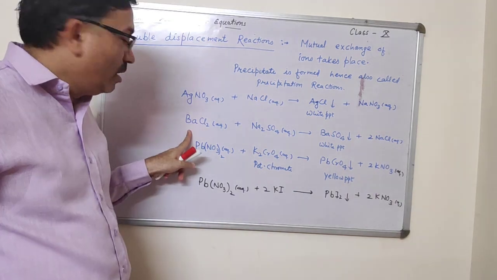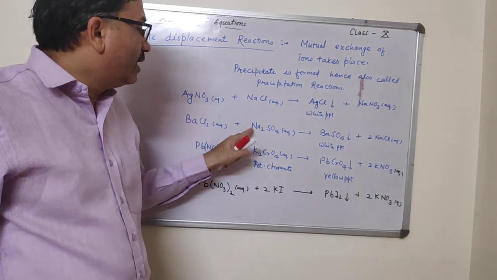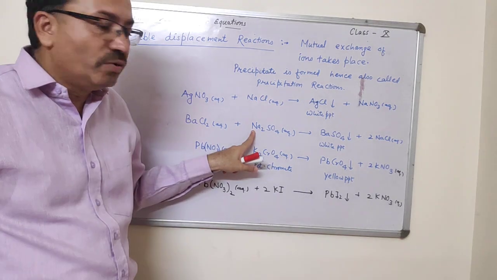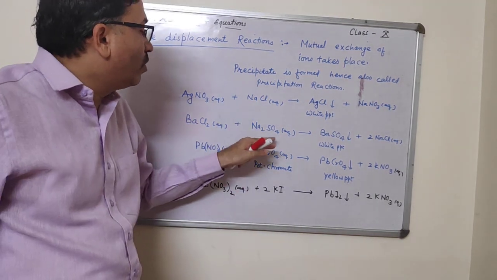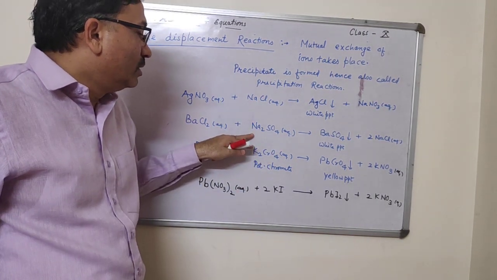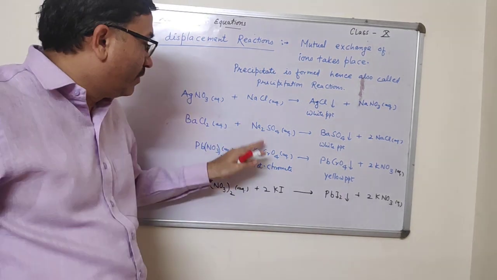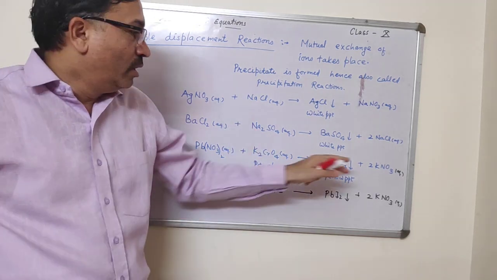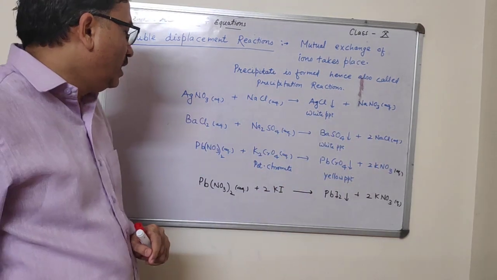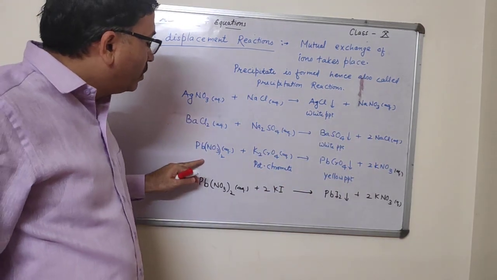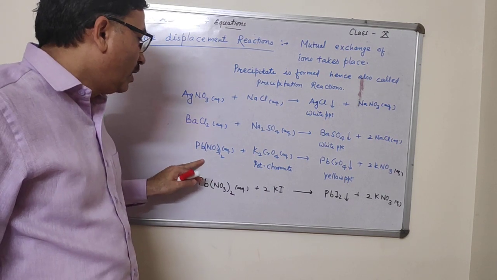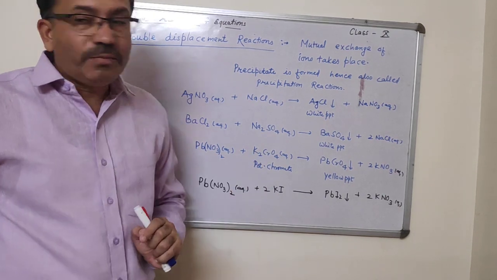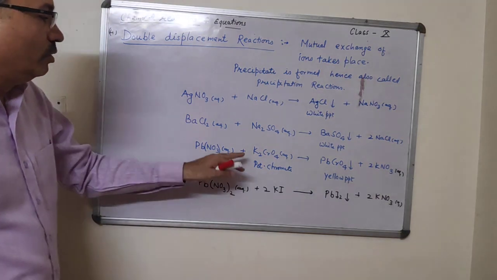Similarly, if I take barium chloride, again it is colorless, and I add sodium sulfate to this, or any other sulfate, not necessarily sodium sulfate, you can take any other sulfate soluble in water, it forms a white precipitate of BaSO4 and gives you NaCl. If I take aqueous lead nitrate and add aqueous potassium chromate to this, what happens?